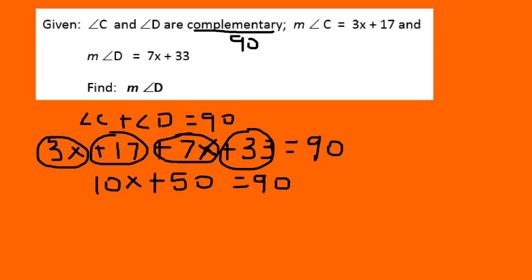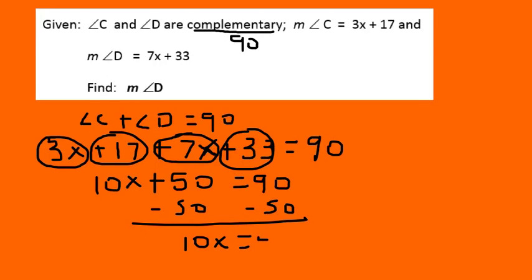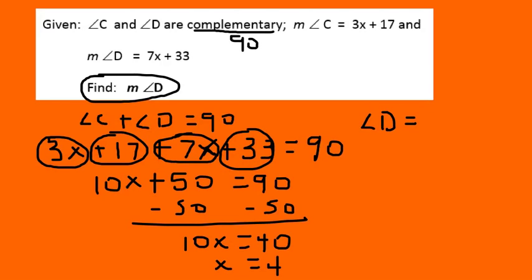Okay, let's go ahead and solve now. So subtract 50 from both sides. 10x equals 40. So x will be equal to 4. Now again, we're told to find the measure of angle D. So angle D, again, originally was equal to 7x plus 33.